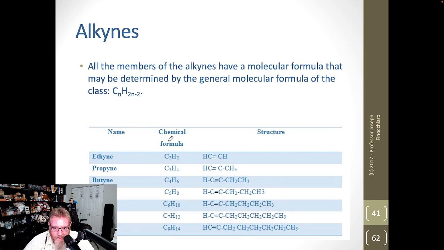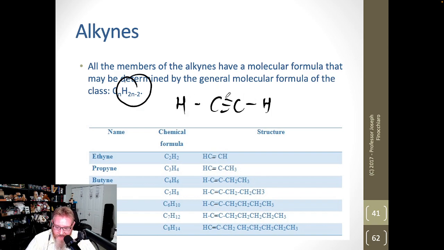The molecular formula, we already talked about this. In order to get what we see here, C2H2N, which is going to be 2 times 2, is 4. How do we get to 2? We have to subtract. This is how we can double check it.